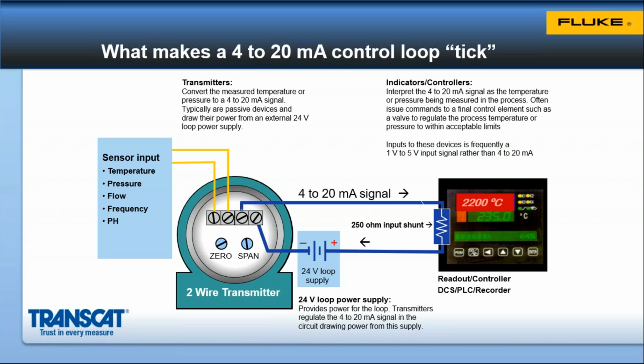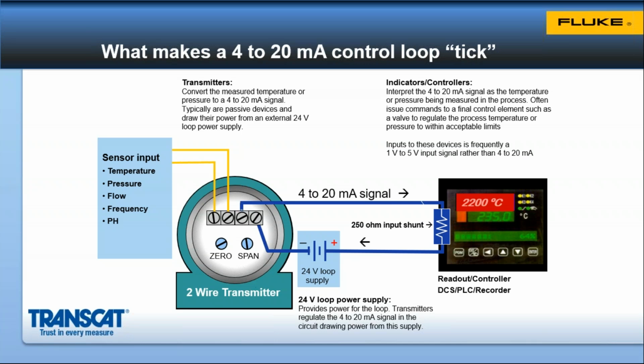The milliamp signal represents a process value on the input to the transmitter. That input can be a variety of different process parameters. Temperature, pressure, flow, and pH are a number of common ones. Virtually any process variable that can be measured and needs to be understood by the control system can be converted by various types of transmitters.